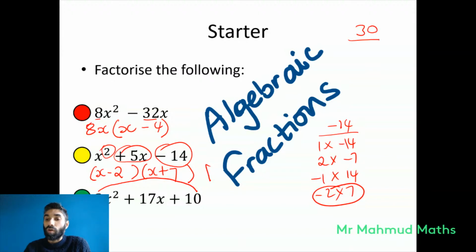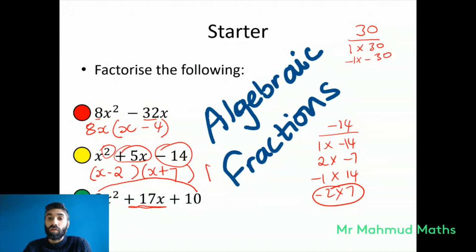Now we're going to find all the different pairs that give us 30. And when you add and subtract, we're going to look for this number here, plus 17, because that's our sum. Now, list all the different ways we can get 30. So 1 times 30. We can also have minus 1 times minus 30.